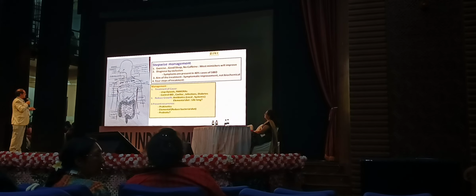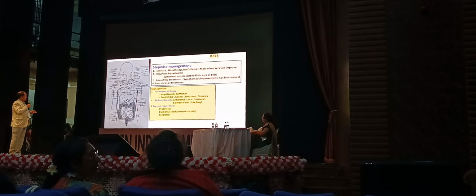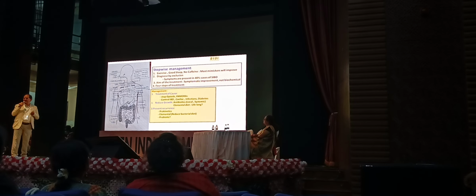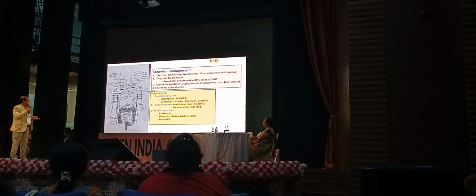And it has been seen that chronic pancreatitis and reduction in immunity, that is the patients who are immunologically deficient, like HIV, diabetes, chronic diseases, there also this can happen.